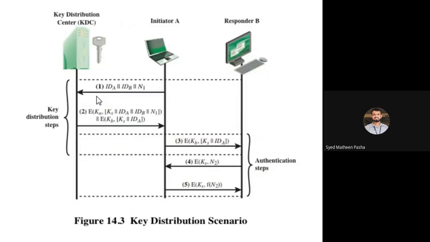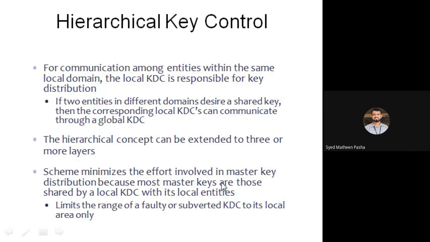If something goes wrong on the part of initiator A, who will be responsible? The initiator A cannot blame responder B for any wrong thing happening there. It can blame only the KDC, because whatever key is generated, whatever service is provided by the KDC only will be taken as an input for initiator A. So that is the point being made there. Whatever local activities happen in the channel or in the process, only the KDC is responsible.